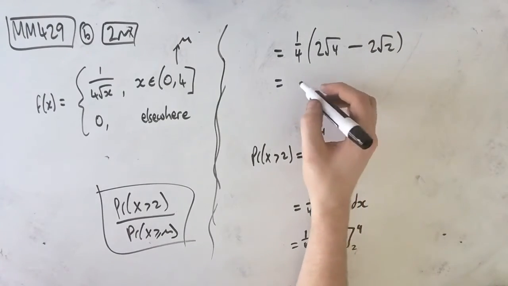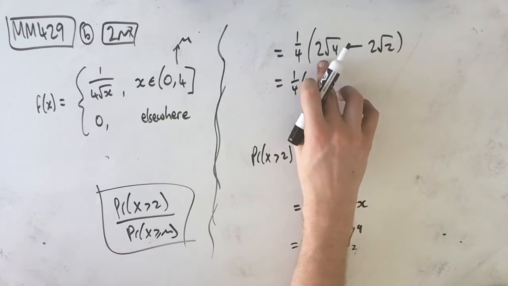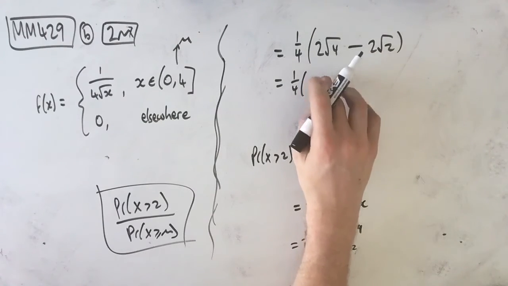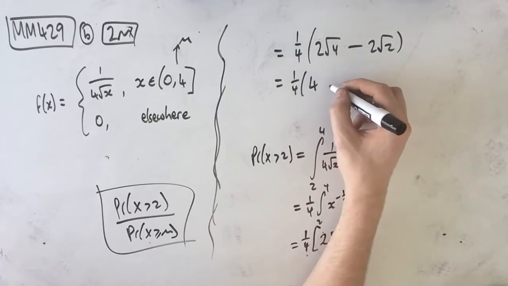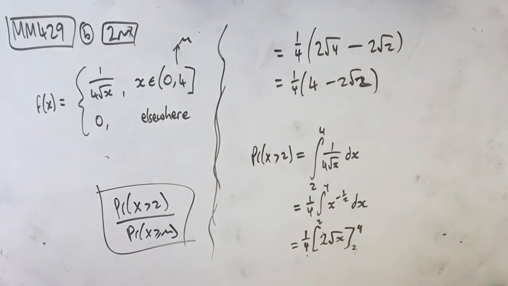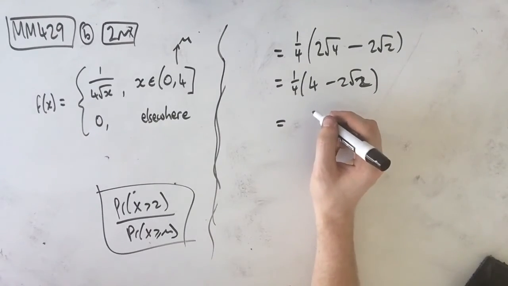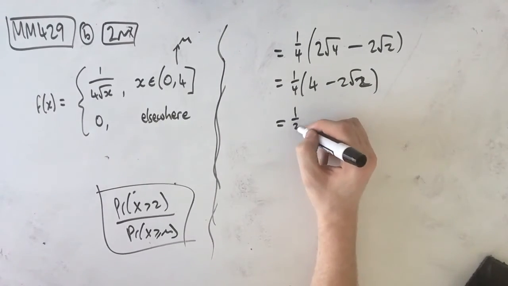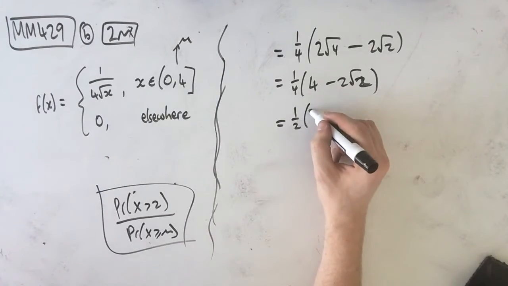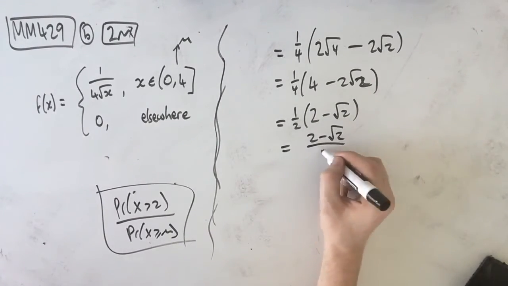Awesome. Which means that we get 1 quarter outside of 2 times root 4, which is 2 times 2, so that's just 4. So we get 4 minus 2 root 2, and that's equal to our probability. And then simplifying this, we actually get 1/2 outside of 2 take root 2, which is 2 take root 2 over 2.